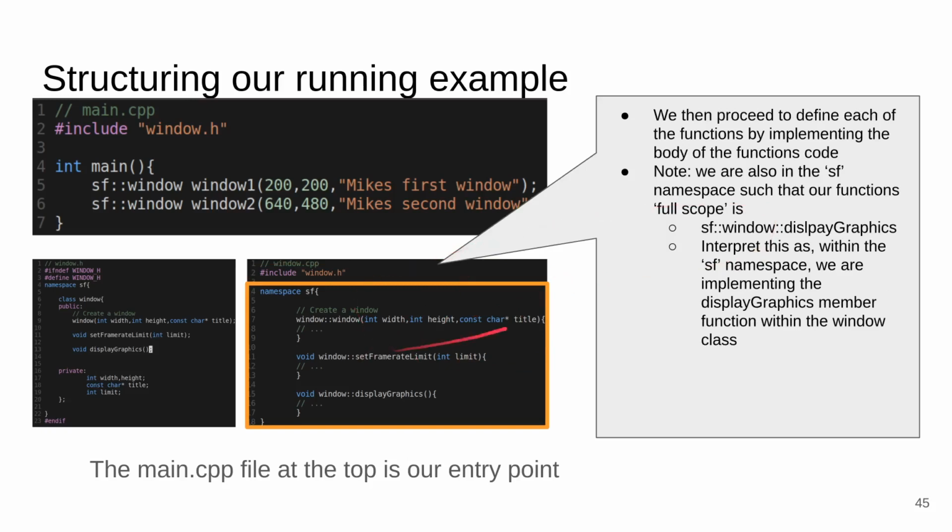And then when I actually go to use one of these functions, if I wanted to just call it as a freestanding function, it's a static function we'll talk about, it'd be sort of SF::window::display graphics. Okay, so you can interpret this as it's in the SF namespace implementing the display graphics function, which is a member function of the window class. Okay, so that's how you could read this function name, and it has all of its scope in the SF namespace, the window class.